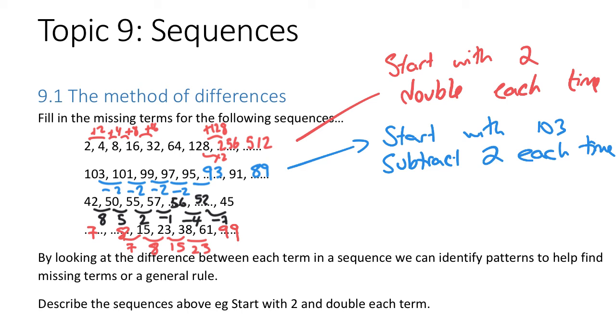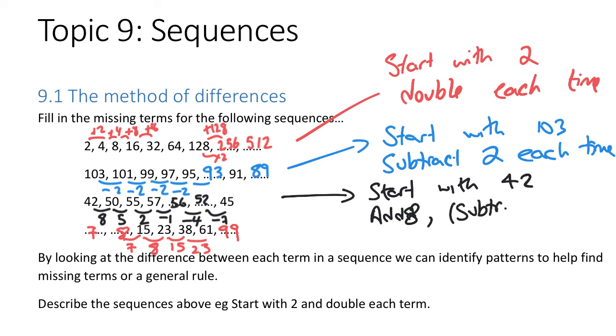The third one, start with 42, and then what we do, we add 8 and then subtract 3 from each difference that we're adding on.